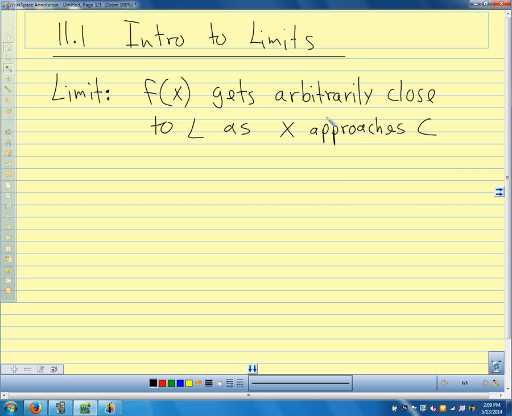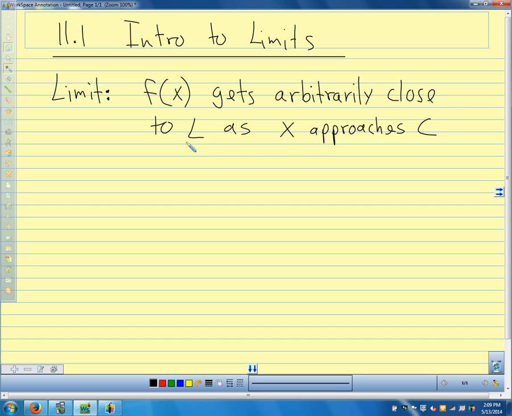And this idea of arbitrarily close, we'll say it in a lot of different ways. Arbitrarily close as you want. Very close. We will use a lot of words to say we can get as close as we want to this number L. In calculus, you'll make that idea, that definition more rigorous. We'll come up with a definition of what we mean by close.